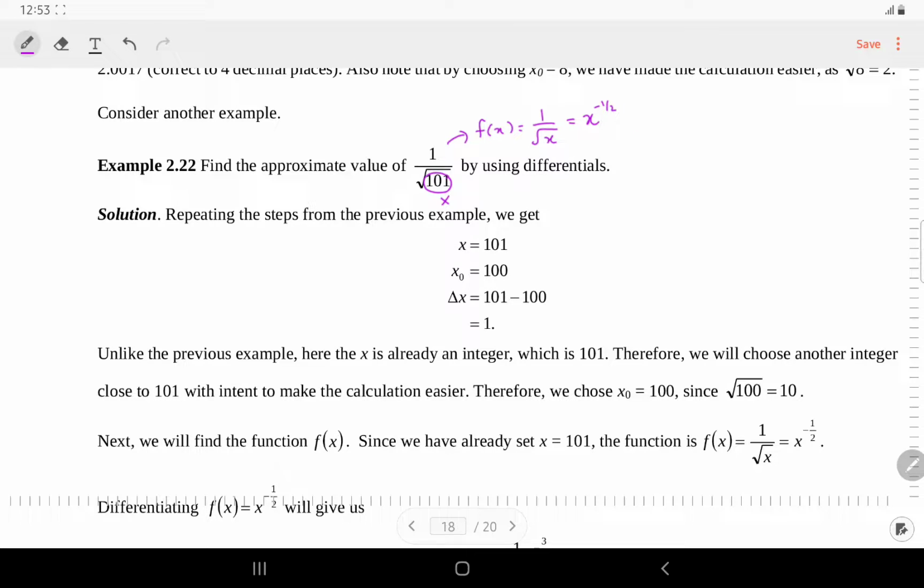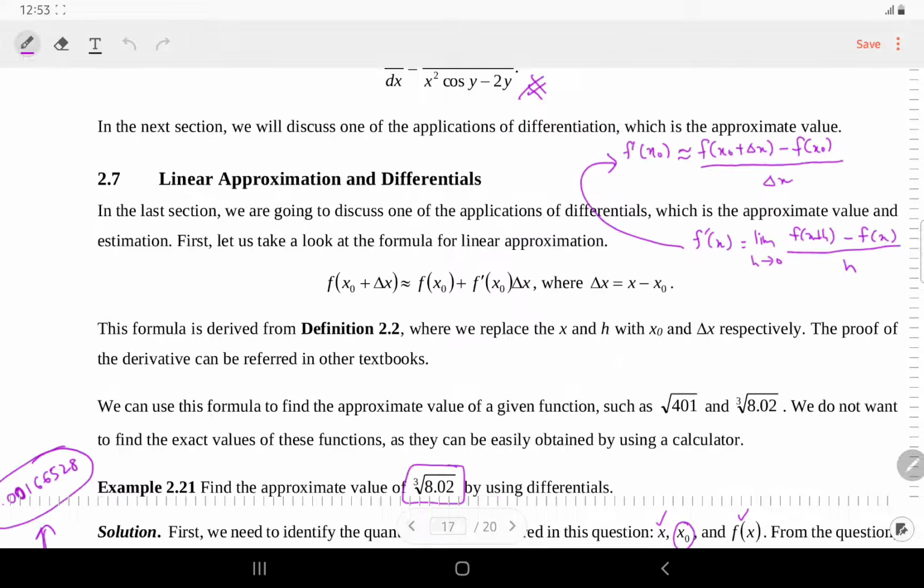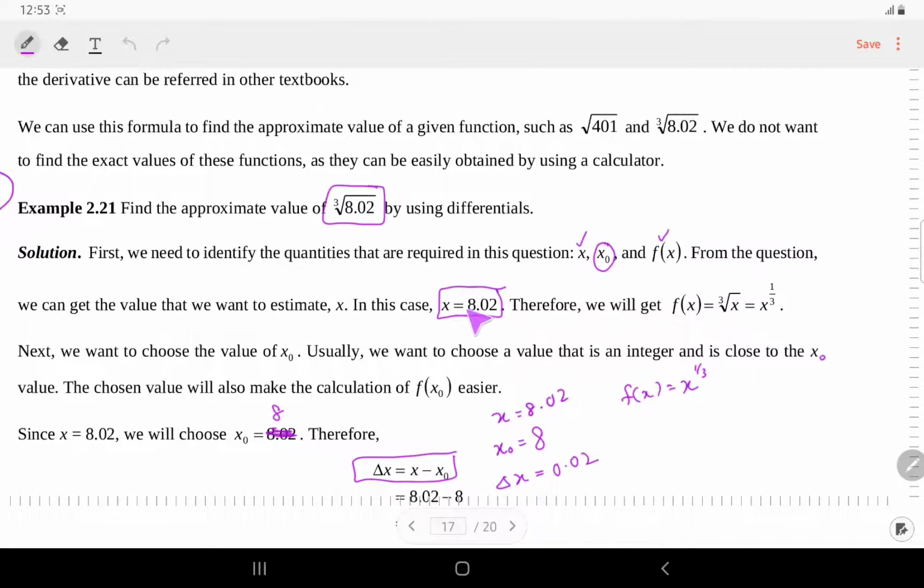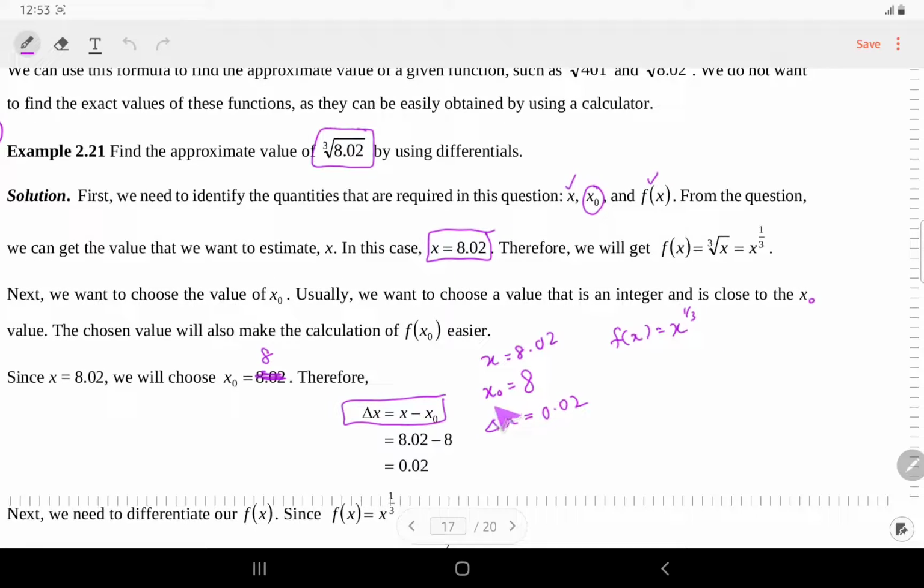From this value of x, next we need to determine our x naught. So what will be our x naught? Usually we choose an integer as our x naught. From the previous example, our x is 8.02, so we chose x naught equals 8.